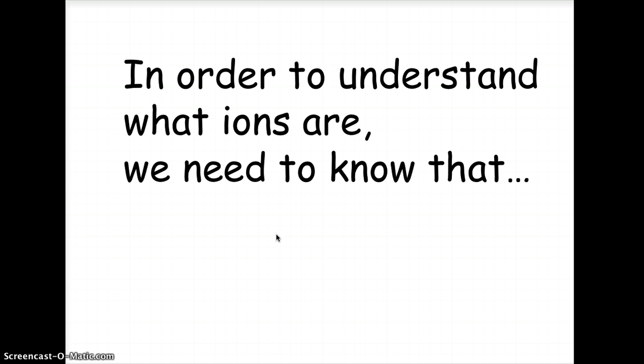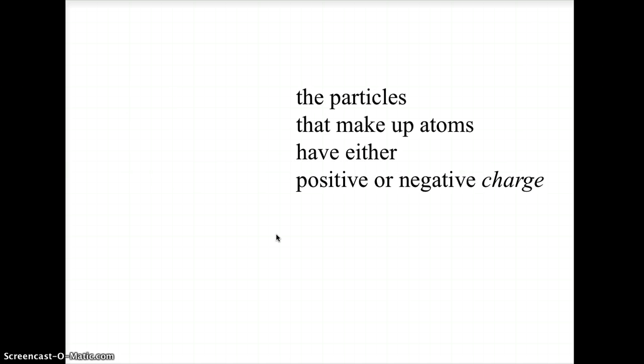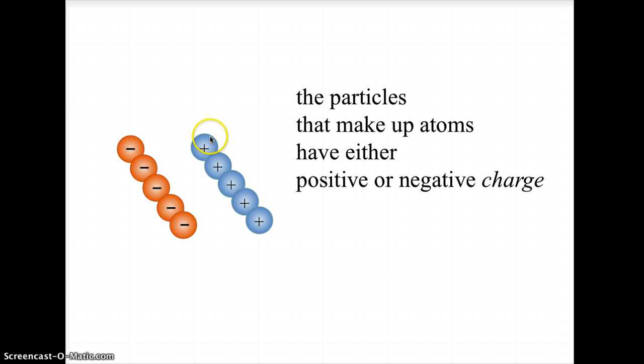So in order to understand what ions are, we need to know a couple things. We need to know that the particles that make up atoms have either a positive charge or negative charge. Okay, we call these guys protons, we call these guys electrons, but you have to have both. And here we represent that with some more dots.